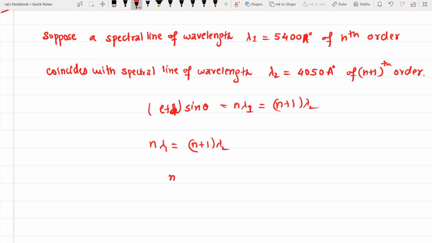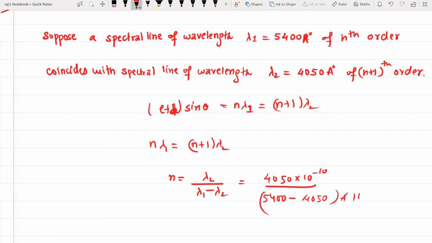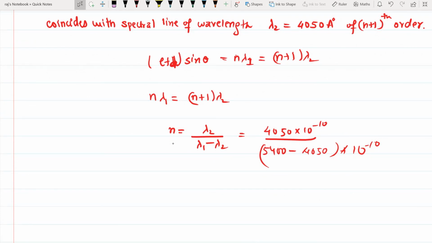So n will be equal to lambda 2 by lambda 1 minus lambda 2. That will be equal to 4050 into 10 to the power minus 10 divided by 5400 minus 4050 into 10 to the power minus 10. We'll solve and we'll get the value of n equal to 3.